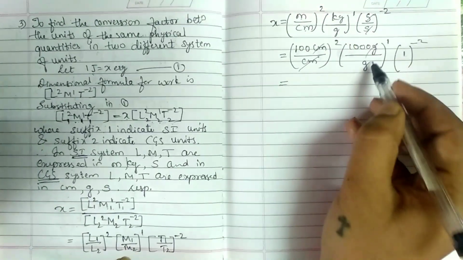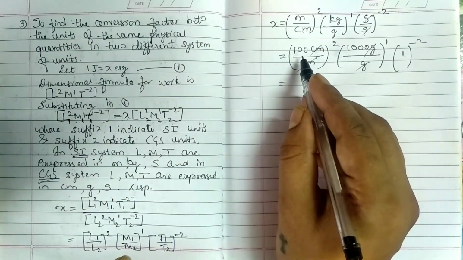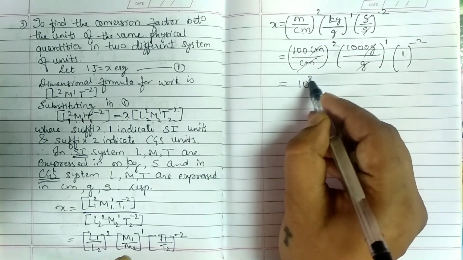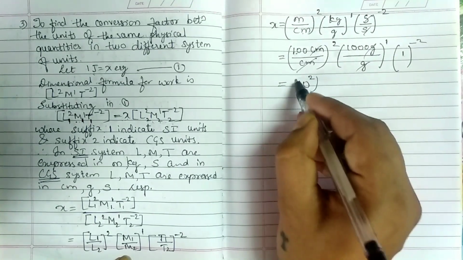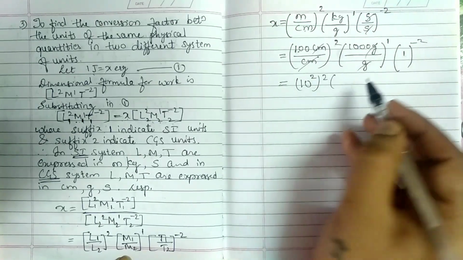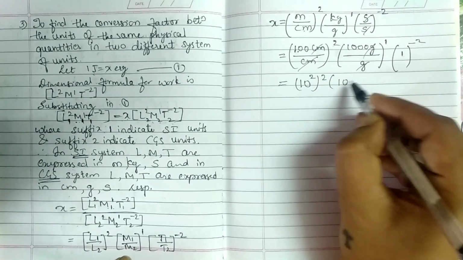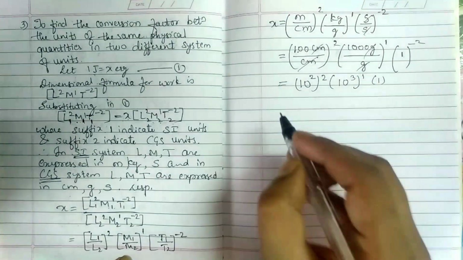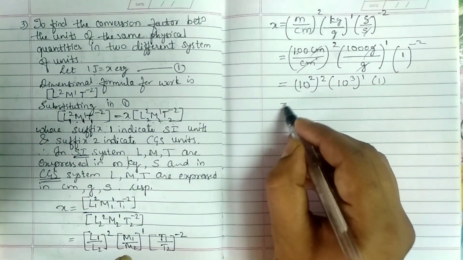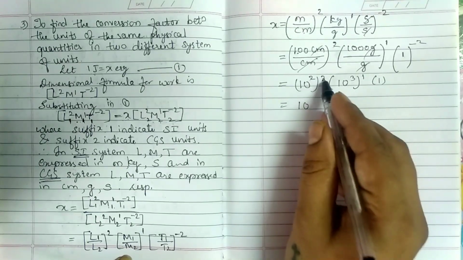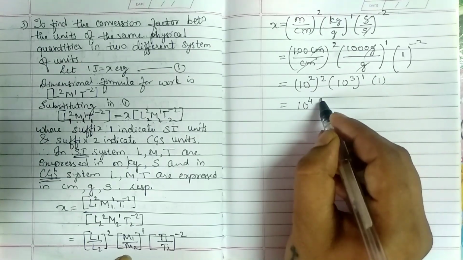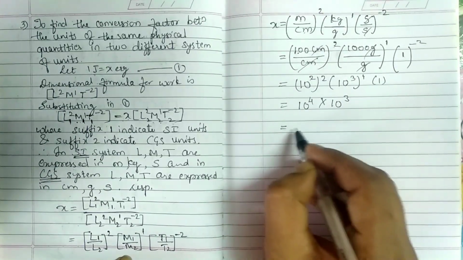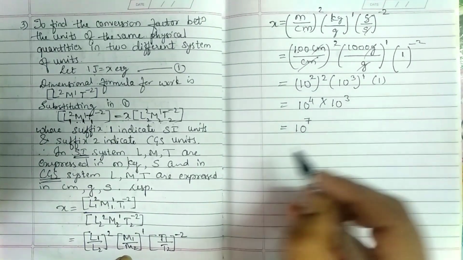So 100 can be written as 10 raised to 2, and raised to 2 over here. 1000 can be written as 10 raised to 3, and 1 becomes 1. So 10 raised to 2, 2 twos are 4, and 3 ones are 3. So it is 10 raised to 7.